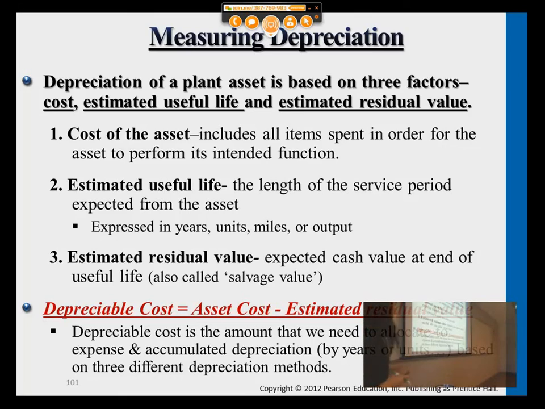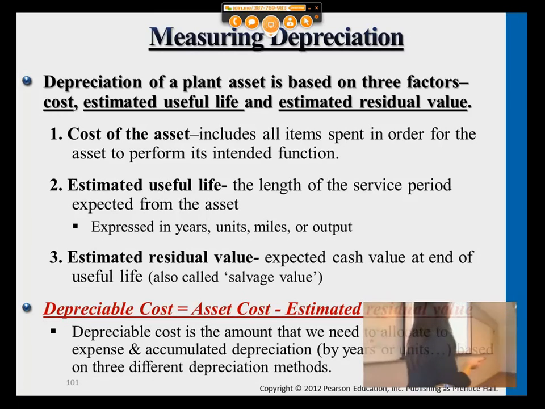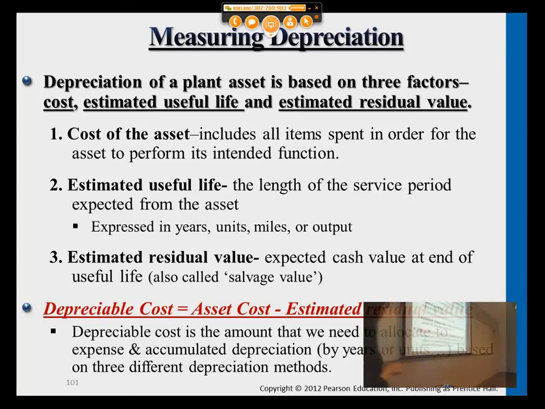We don't depreciate the leftover value, because this is the value that we estimate we'll be getting when we sell it or trade it. Another way to say residual value is the salvage value. These are interchangeable terms. Basically, again, the leftover value that you can get.